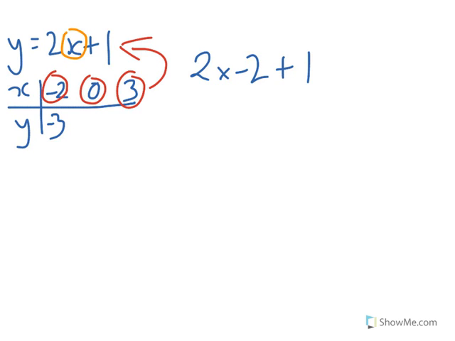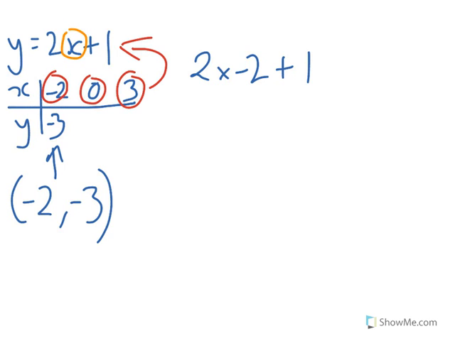So basically that's saying when x is -2, y is -3. And that would be the first coordinate that you would plot on your graph. The coordinate would be -2, -3. That's this one here.